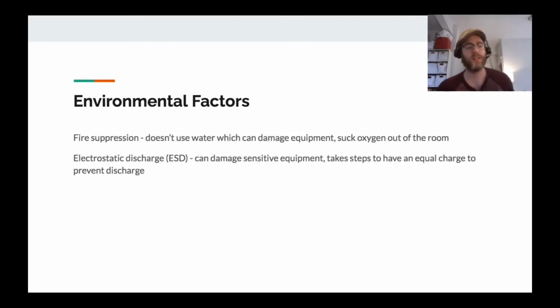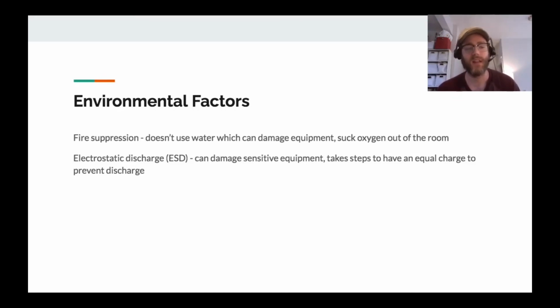Fire suppression. Obviously, you don't want to have a fire in your server room. You don't want to use water because that can damage things. So one method would be to suck the oxygen out of the room to kill a fire. But of course, you don't want to have any people in there at that time.